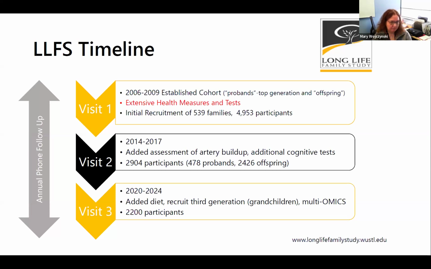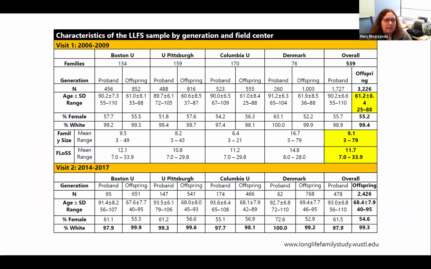Next slide, please. So as I said, visit 1 was in 2006 to 2009. These are highly selected families that are showing exceptional longevity. So as you can see, overall, if you look in the overall column where there's 539 families on the far right, we had 1,727 probands between 2006 and 2009, but their average age was over 90.